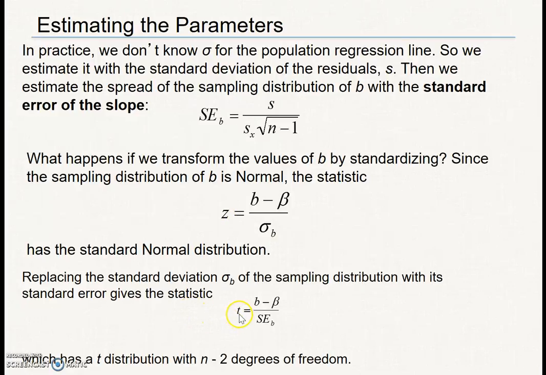And so we typically are going to use a test statistic t. We're going to estimate that population standard deviation with the standard error. That's the standard error, if you will, that you just looked at on the last slide. So notice that when we find the standard error, it is with a degree of freedom of n minus 2. That's why we divided by n minus 2.